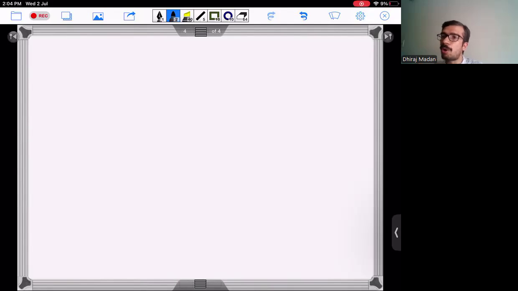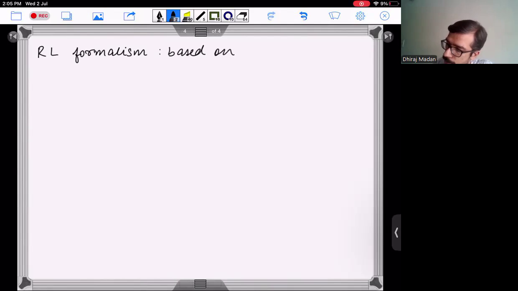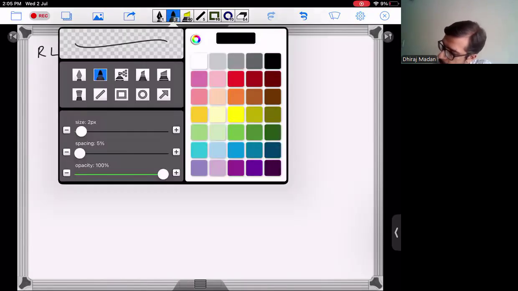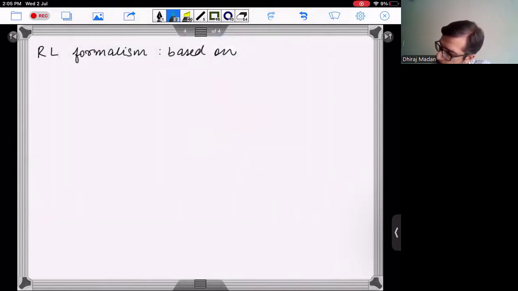Essentially, this formalism of reinforcement learning is based on the idea of Markov decision processes, which we are now going to discuss. These are also known as MDPs.